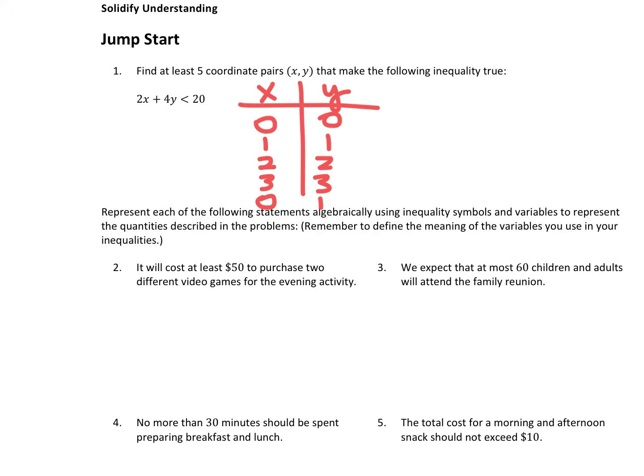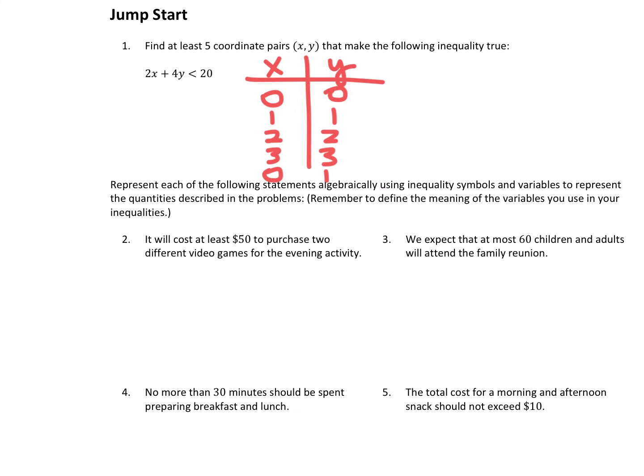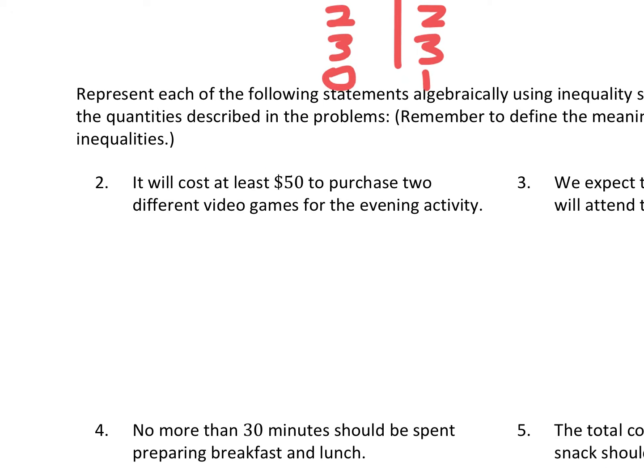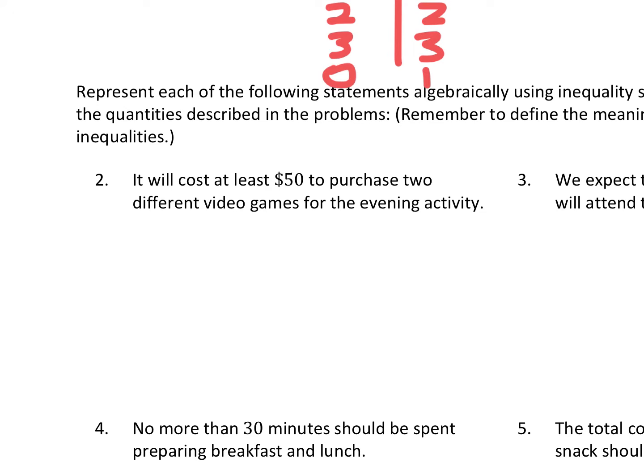Okay, now we'll go ahead and look at the following statements, and we need to turn them into inequalities. And it says, remember to define your variables. So I'm going to choose variables for each of the items in here. So for number 2, it says it will cost at least $50 to purchase 2 different video games.